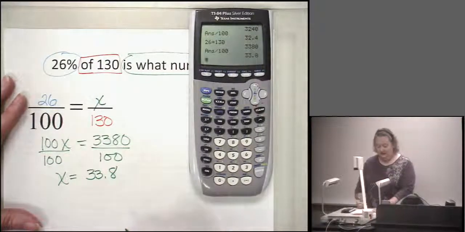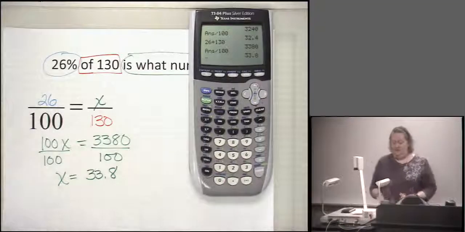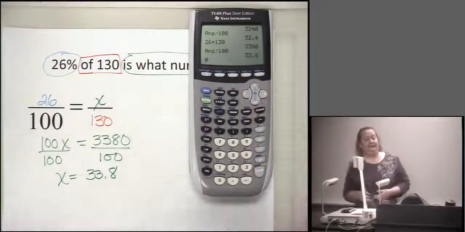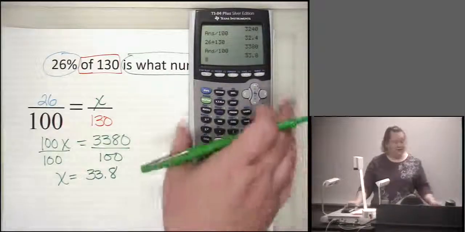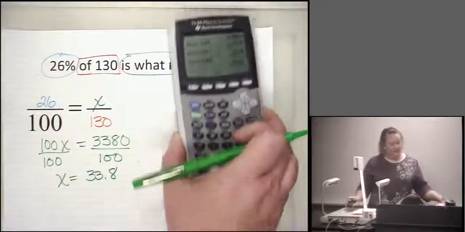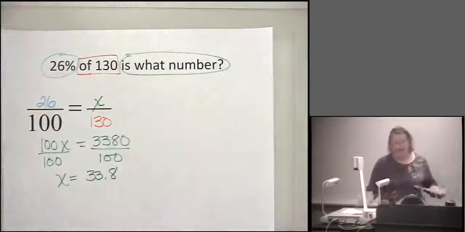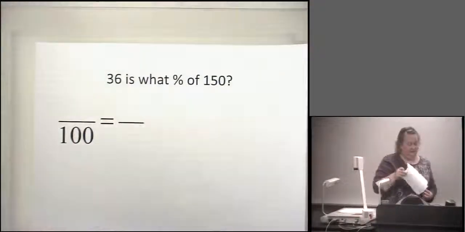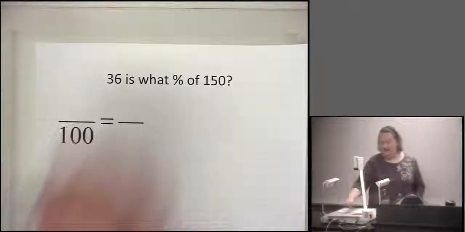And it's 33.8. Well, 26% of 130 is about 33. That makes a reasonable answer. You know, always make sure your answer is reasonable. Okay, let's look at another example.